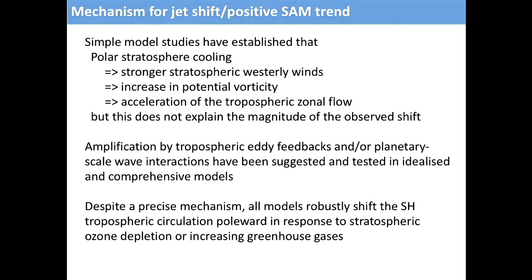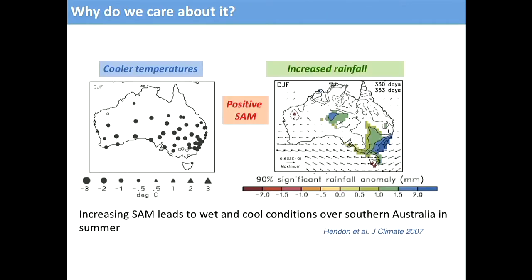But all models get it, so it's actually one of the most robust things you see in climate change models, that the Southern Hemisphere jet shifts poleward. But we don't actually understand why. And at AMOS, if any of you were at AMOS, we had a SAM cluster meeting, and Dave Thompson, who's one of the pioneers of this Southern Annular Mode research, said that's probably the main question he thinks people need to be working on: why, trying to come up with a mechanism.